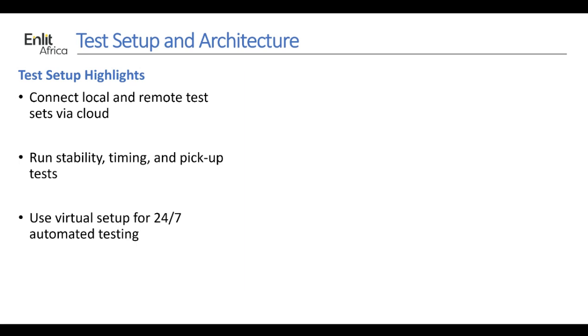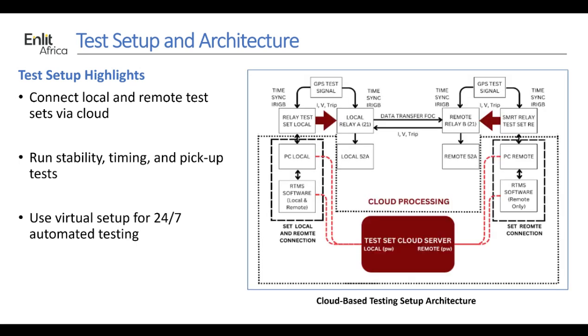So let's see the test setup and architecture, and how it helps to perform this testing. We have the local PC and the local PC software, in this case RTMS. The same thing for the remote PC, which is connected to the remote test set, and also has RTMS software. The operator will connect the remote end software into the remote mode, with some password setup.